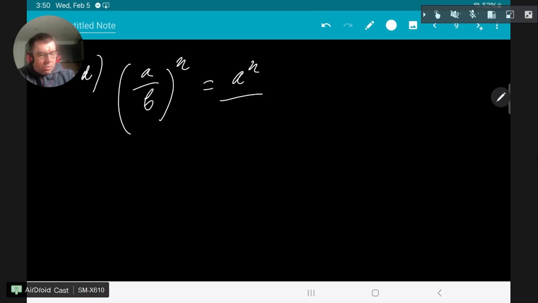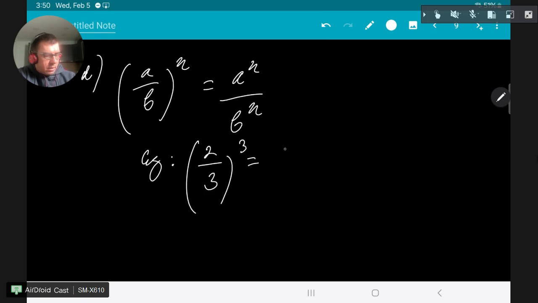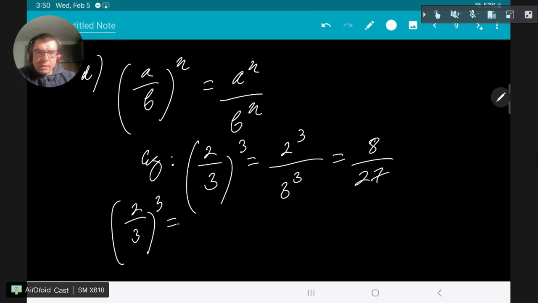By the same token, if I have a over b to the power of n, again I have a to the power of n over b to the power of n. For example, 2/3 to the power of 3, this is 2 to the power of 3 over 3 to the power of 3, which is 8 over 27, because by definition 2/3 to the power of 3 means that I need to multiply the base by itself 3 times.